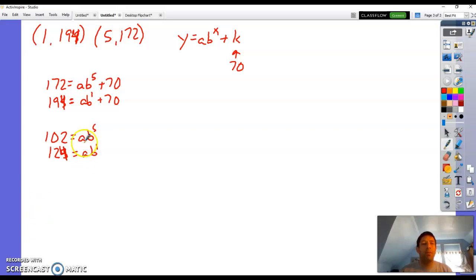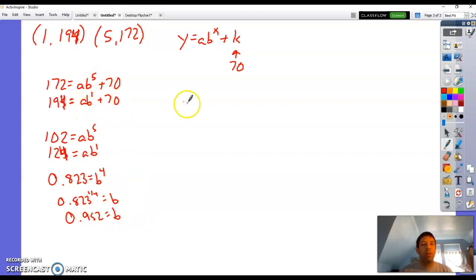And again, when I'm solving these, I divide. So 102 divided by 124 comes out to be approximately 0.823. The a's cancel, and I'm left with b to the 4th. And then I can take this to the 1/4 power to figure out what b is. And that comes out to be about 0.952. So now I know b is 0.952.